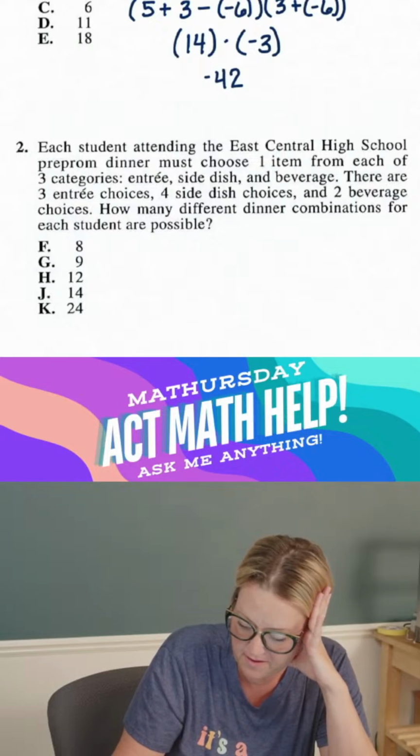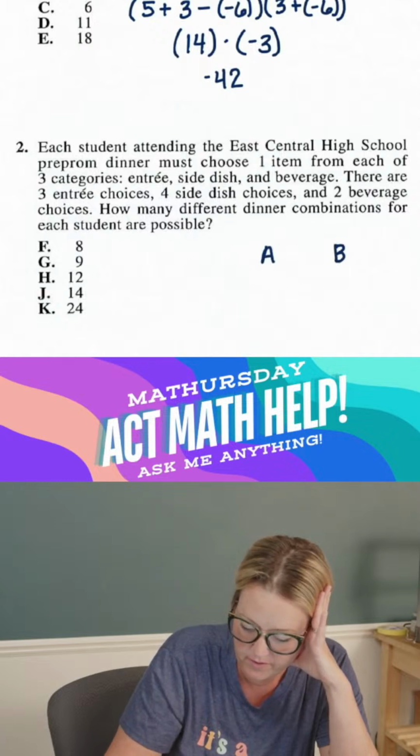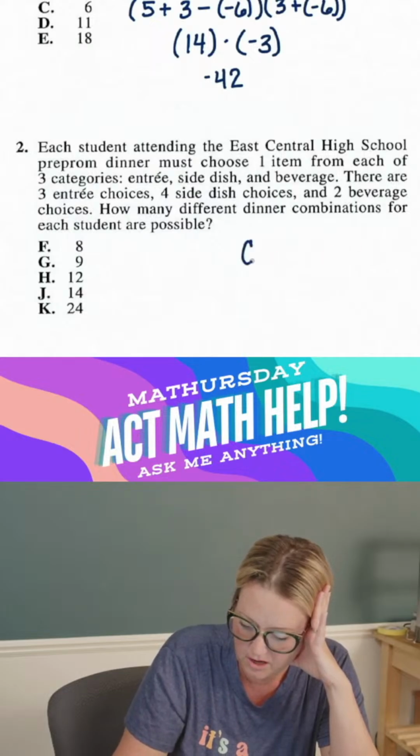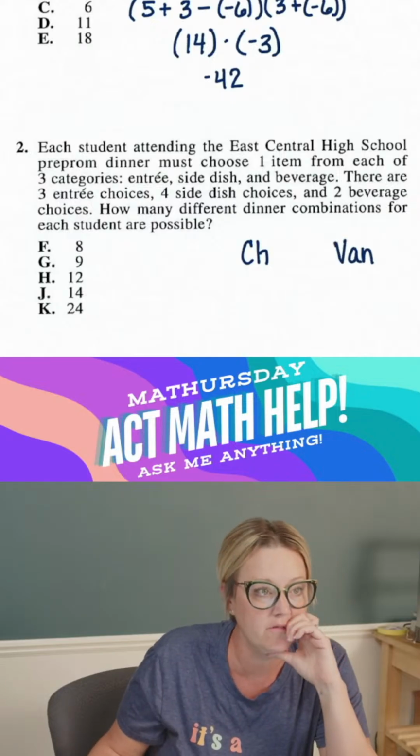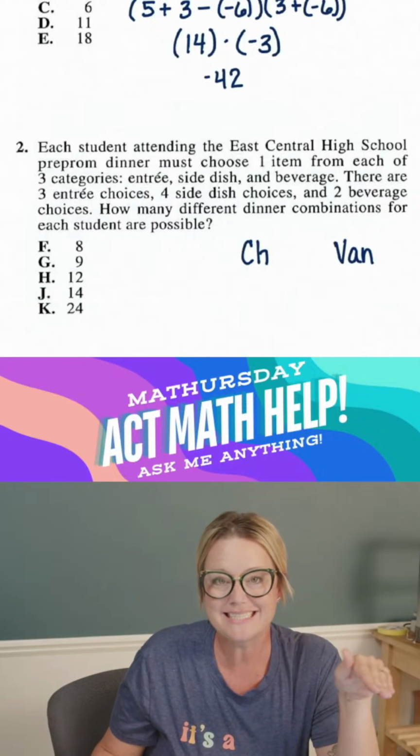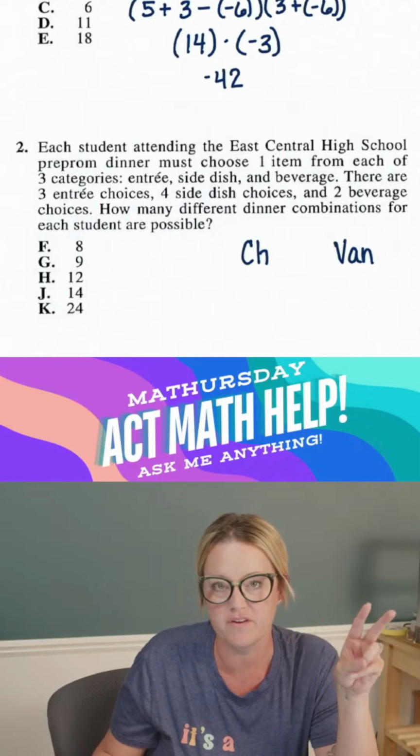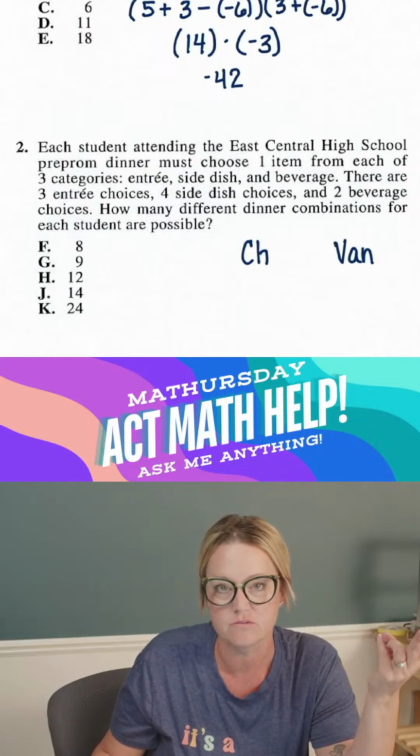Let's say I have the flavor of ice cream, which is going to be chocolate or vanilla. So if I can just pick chocolate or vanilla ice cream, I've got 2 choices, right?